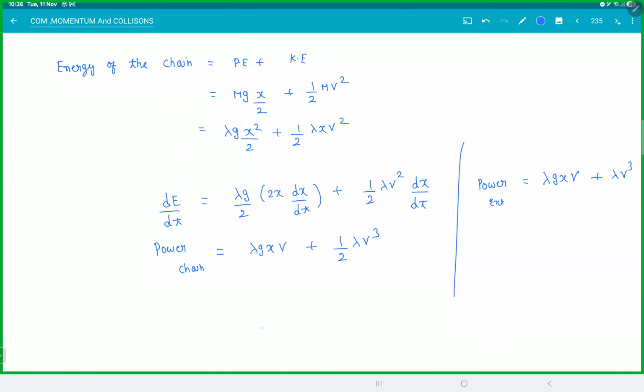See the difference there? So that means whatever energy you are giving, all the energy is not coming out. There will be heat produced. The chain actually starts getting hot. Power external minus power retained will come out to be half lambda v cube. So when you're pulling the chain, all the energy is not getting acquired by the chain.